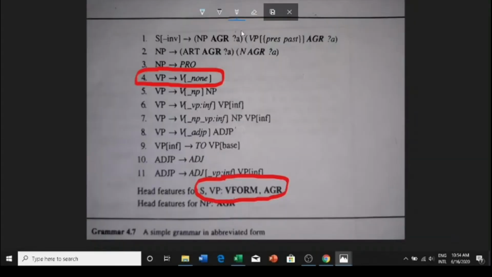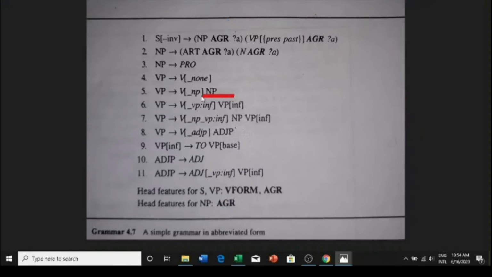Rule number 4. Okay, so rule number 4 is summarily rejected. So we should look up the next rule. So what is the next rule with a verb phrase on the right? Not rule number 6, it is your rule number 5. Okay, so if you see rule number 5, we have a verb phrase on the right with an NP restriction, or the subcategorization value is NP, right?